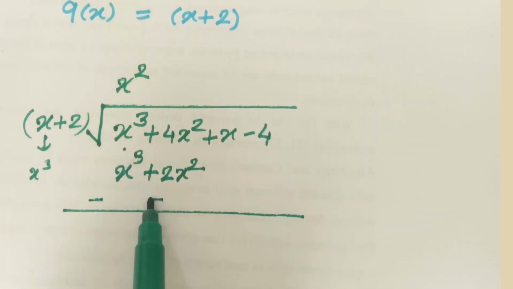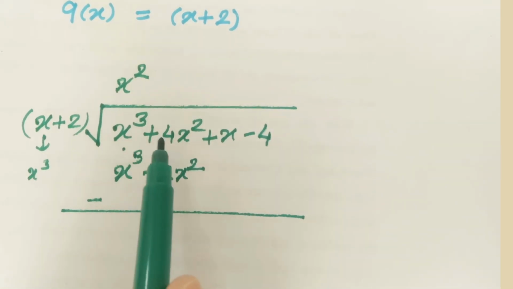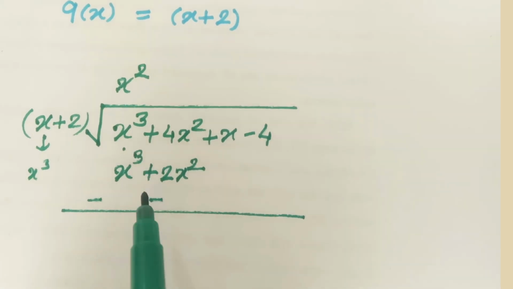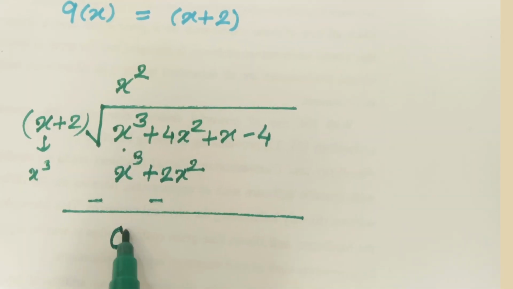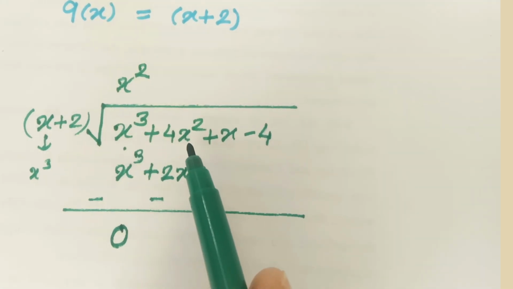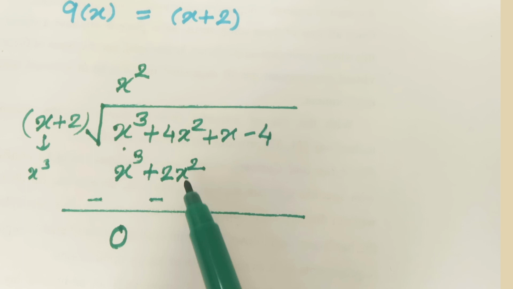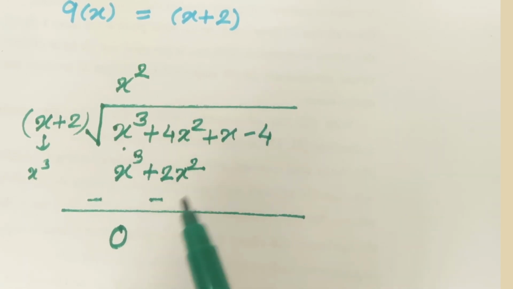Next, subtract. This division is just like a regular division of numbers, just it contains variables and constants. That's why there is a little bit of change in the division. So here x cubed minus x cubed, terms are similar, then subtraction is 0. Now second, x squared, here 4 times x squared, and second 2 times x squared.